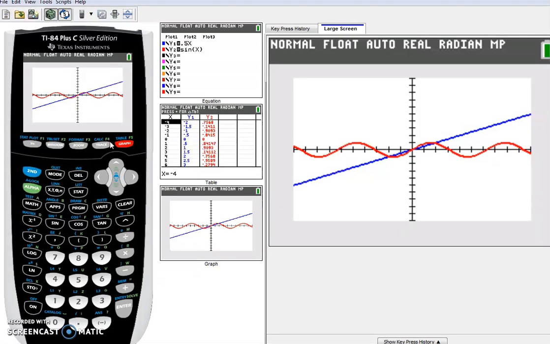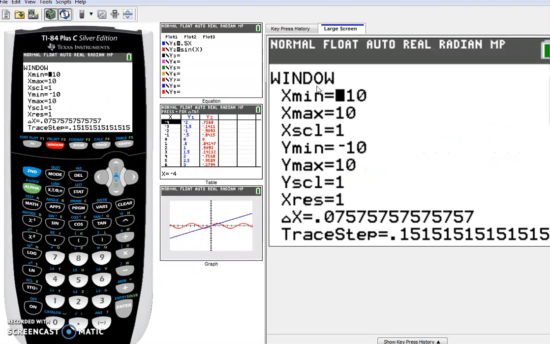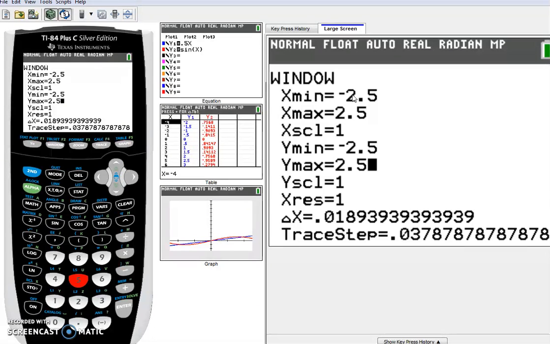Let's get down to what we want to focus on. So let's go to Window.